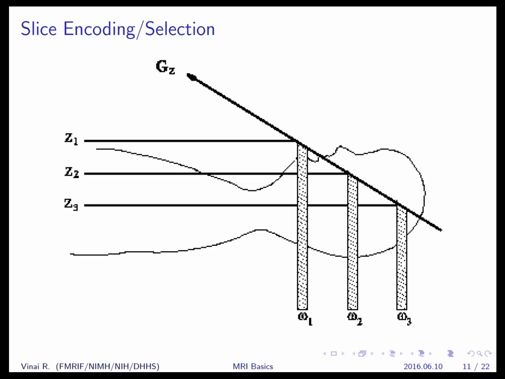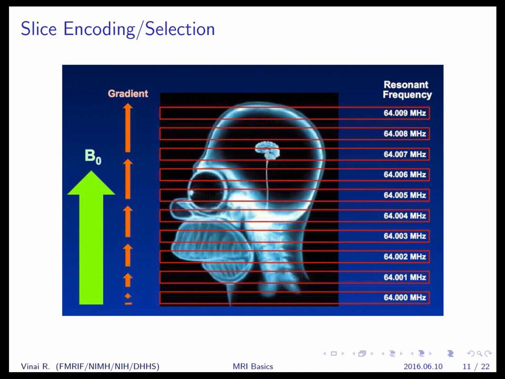Okay. So here's a second illustration of that. Homer here is having his scan, and this is a 1.5 T scanner. But if we wanted to actually see Homer's brain, what frequency do we need to transmit at with this gradient in place? Sorry, say again? 64.004.